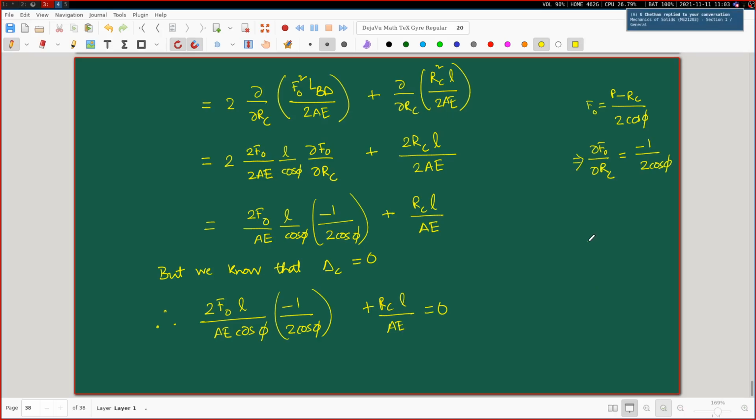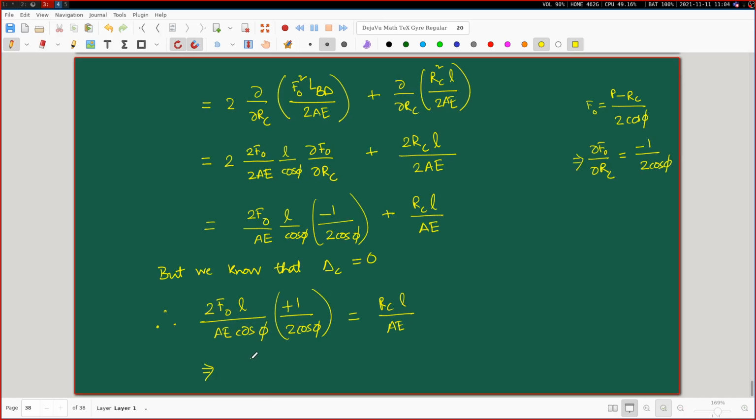Please note that this F naught is still remaining here, and this F naught has to be replaced by this P minus RC. Furthermore, there is this minus 1 here. So I'll skip a step here. I'll transpose it to the right hand side and remove this minus. Please also note that this L cancels with this L, this AE cancels with this AE, so it becomes considerably simpler. And this 2 cancels with this 2 also.